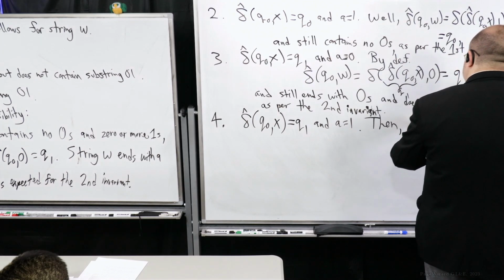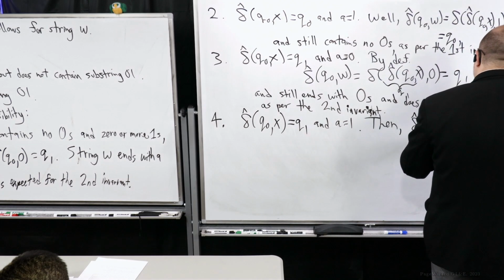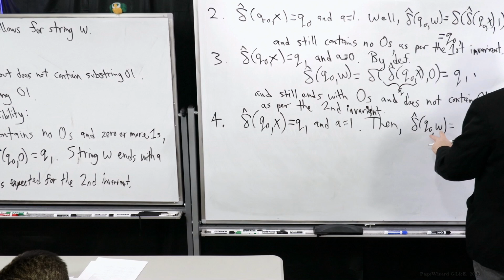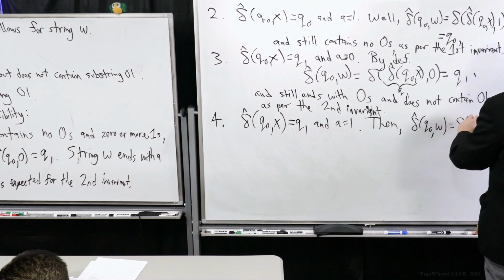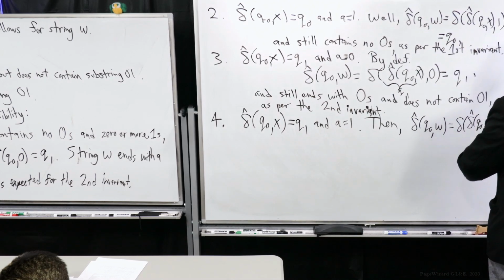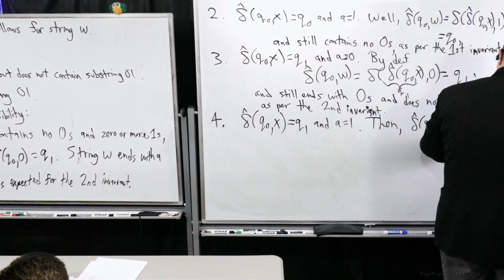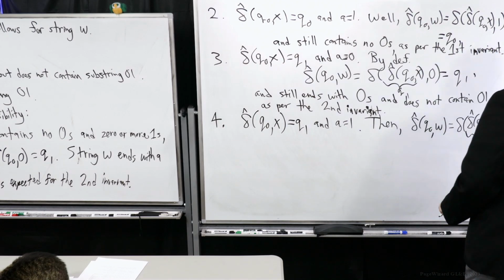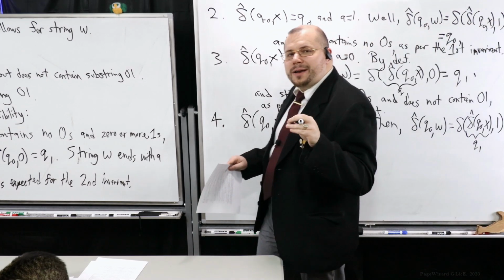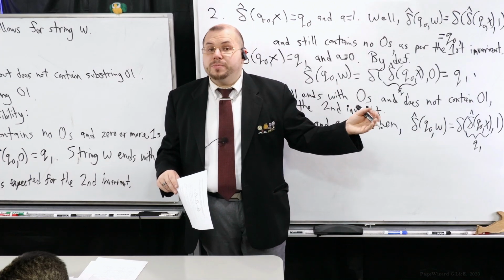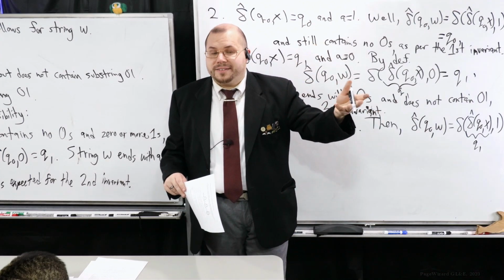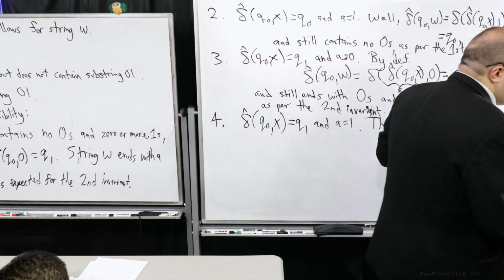delta hat Q0 W, upon reading W, what is that? That's delta of delta hat Q0 X upon reading a 1. And I know this outputs Q1, right? But on Q1, if I see a 1, it gets me to Q2 because I've now detected a substring 0, 1, right?